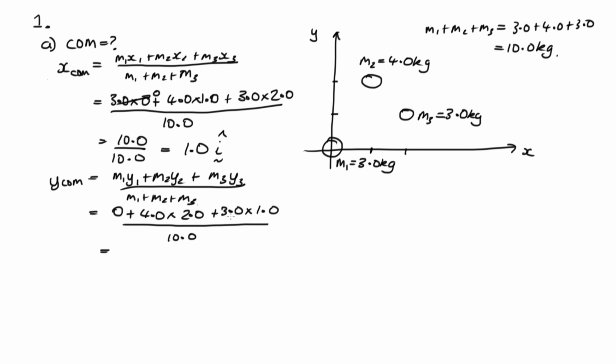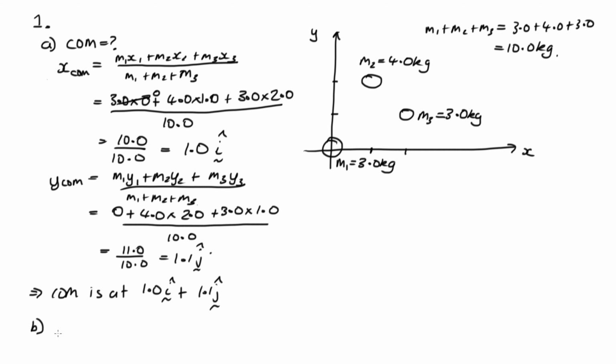So we've got 8 plus 3, which is 11 over 10. So that's equal to 1.1, and that's J. So this tells us that our center of mass is at 1I plus 1.1 J.